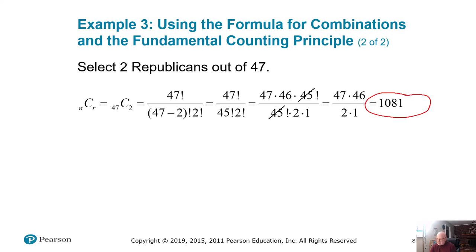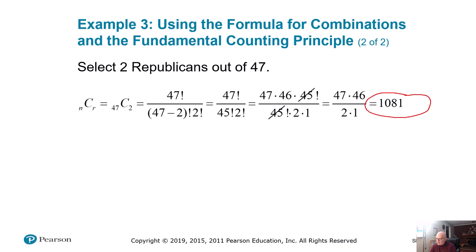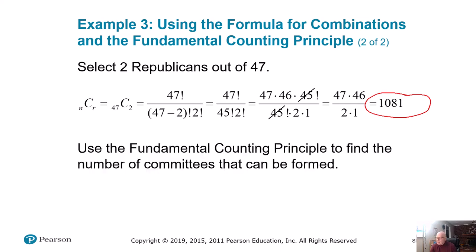Now don't forget, for the Democrats we had 20,825 ways. For the Republicans, 1,081. Remember the fundamental counting principle? We're putting this back in. We multiply those 2, remember?